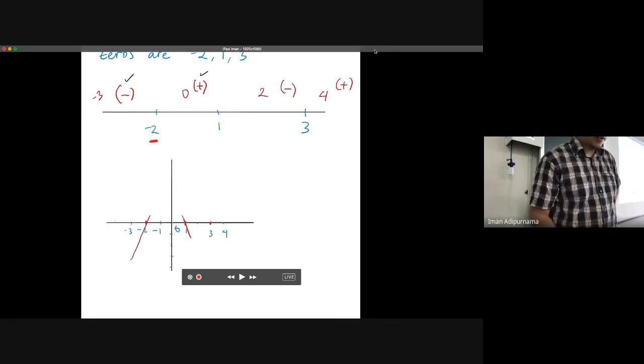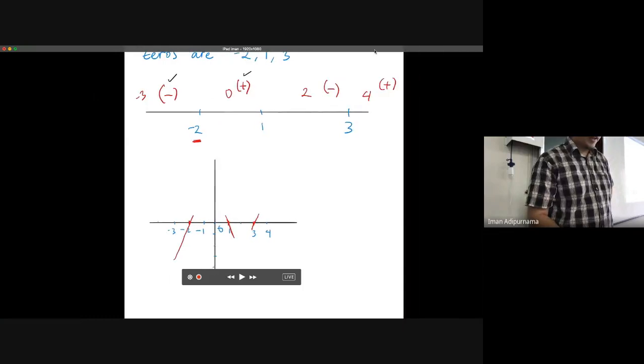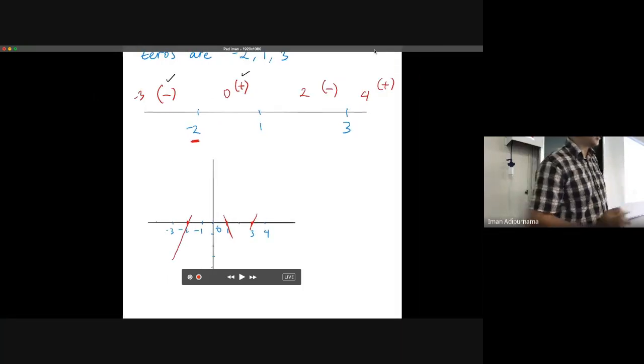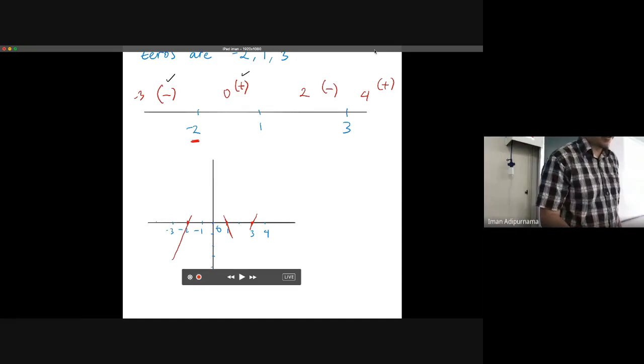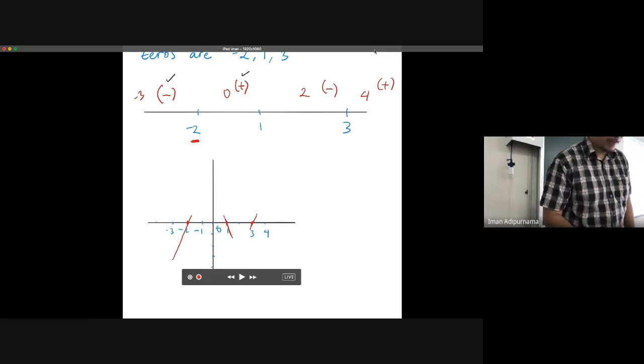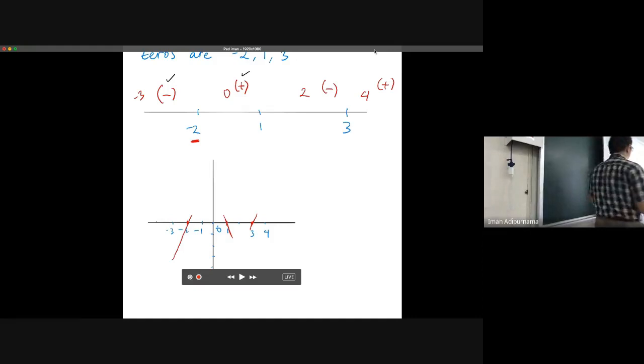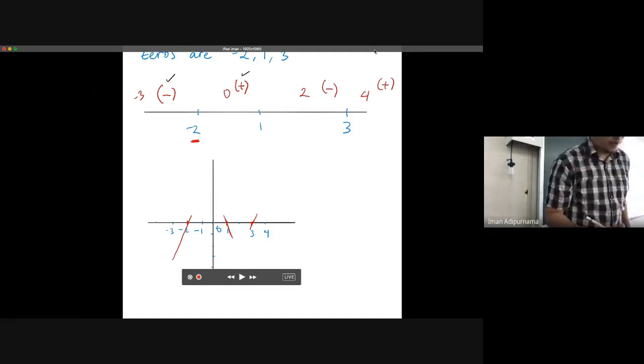And for the 3, it is from negative to positive, so maybe around here. And in between those changes, there will be a maximum value maybe around here, a minimum value around here. So this is just a rough sketch. And maybe you can check 0 and -1, which one is the max value. But because this is quite symmetrical, maybe it's between -1 and 0.